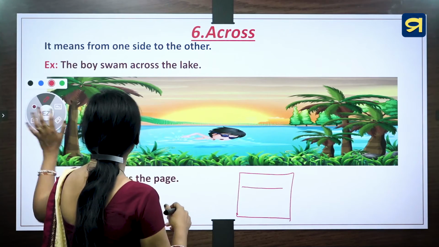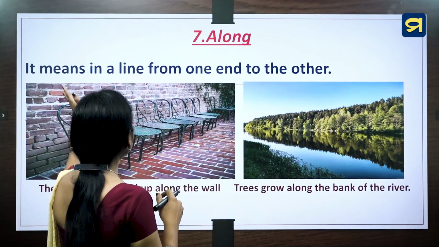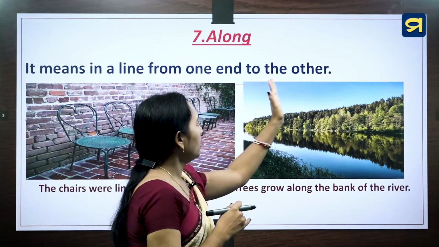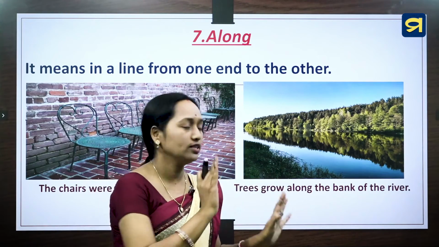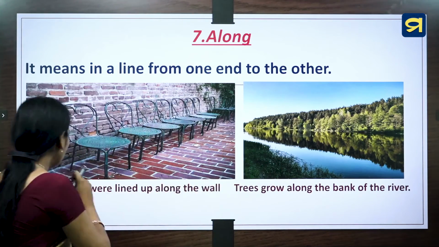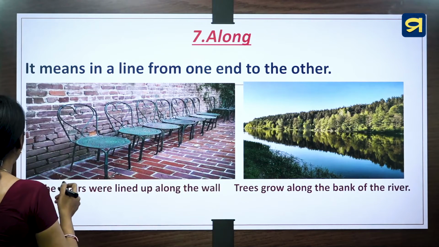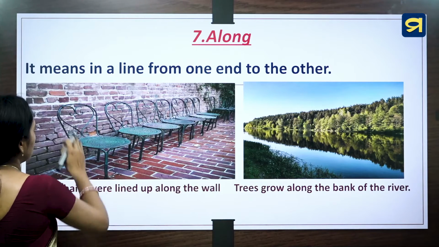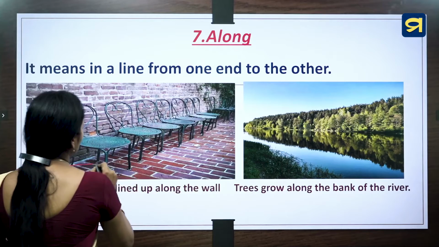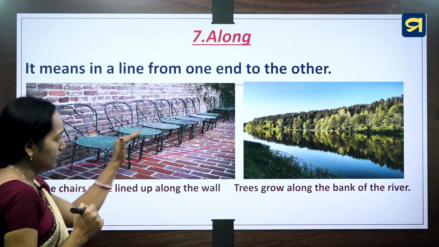Okay students. Next, along. Along means in a line from one end to the other. This is something different, in one side. Take for example, the chairs were lined up along the wall. This is your wall, and all the chairs were lined up along the wall, meaning on one side.